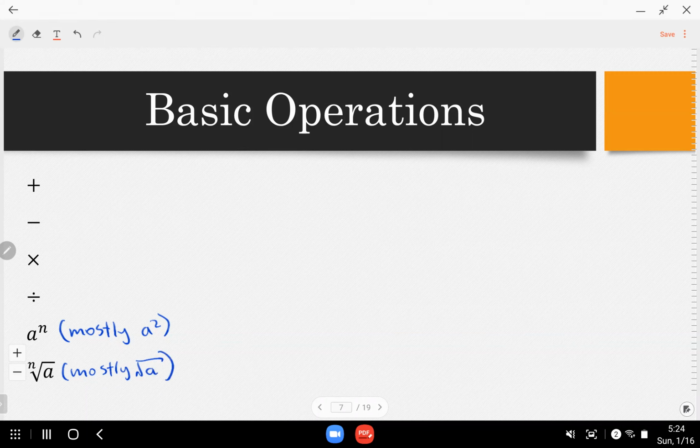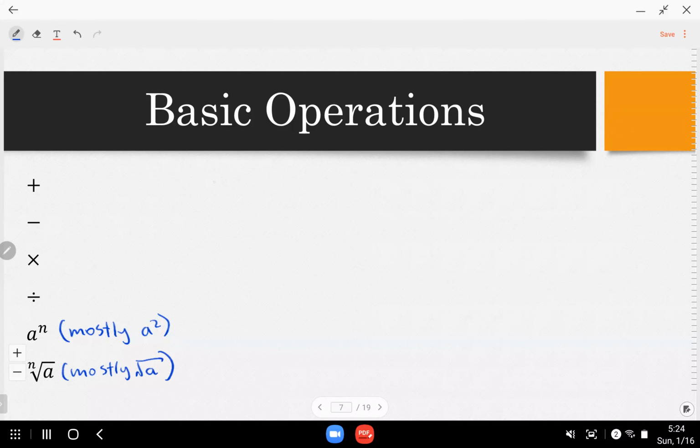So you don't have to worry about a to the 15th power right now, or the 15th root of a. We're just going to use mostly squares and square roots. And a denotes any number you want.